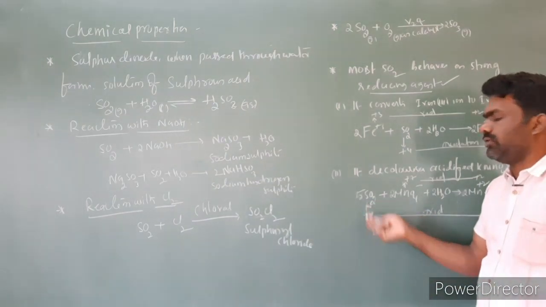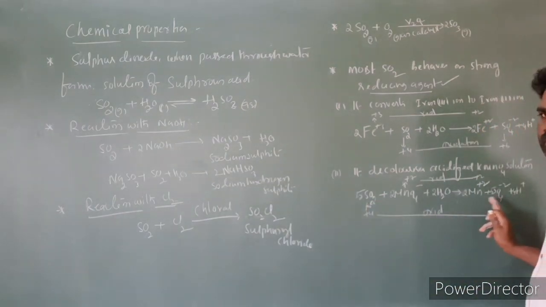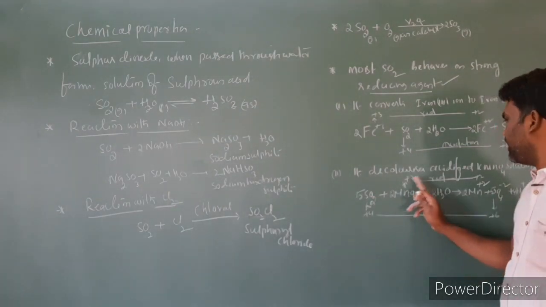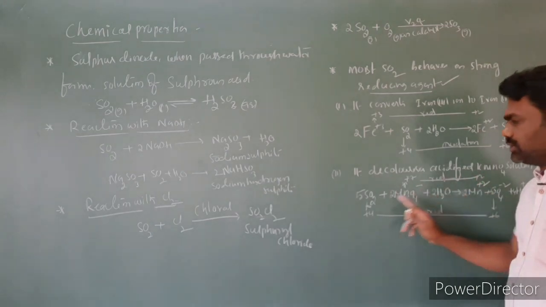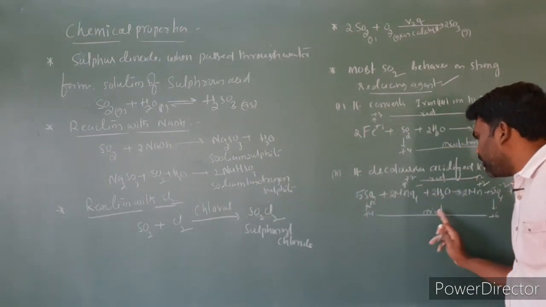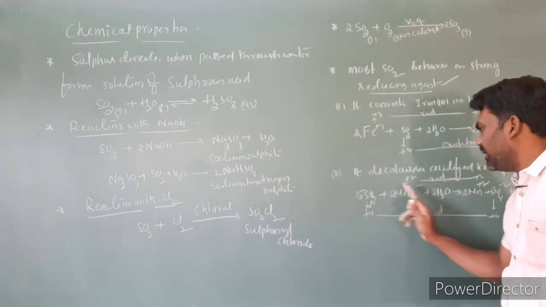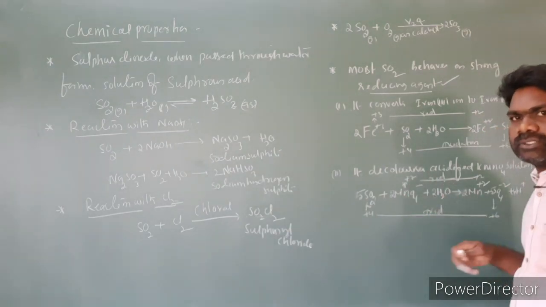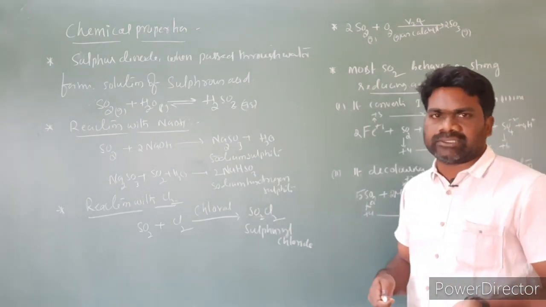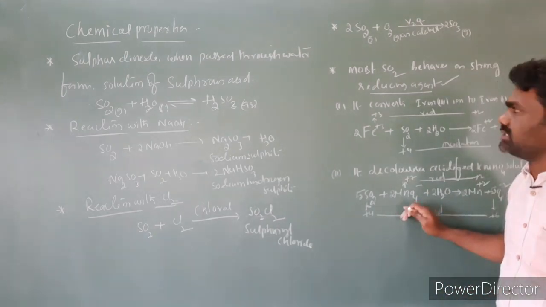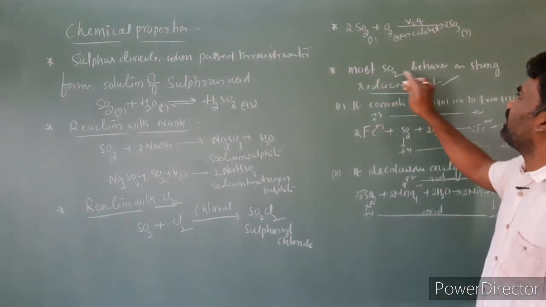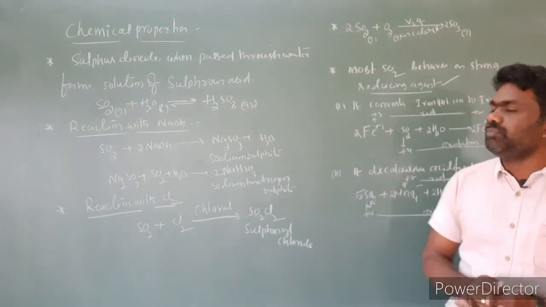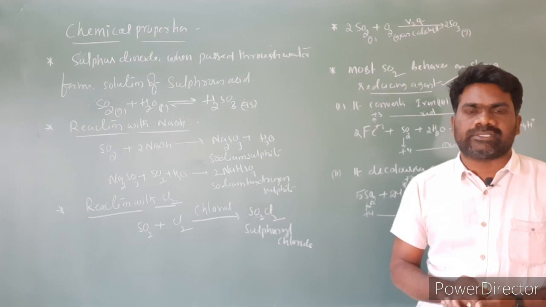Sulfur dioxide itself undergoes oxidation, making MnO4 minus undergo reduction. So the substance that itself undergoes oxidation and makes the other substance undergo reduction is called a reducing agent. So moist sulfur dioxide behaves as a strong reducing agent. So these are the chemical properties of sulfur dioxide.